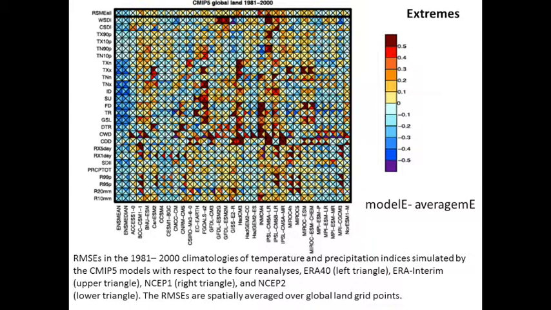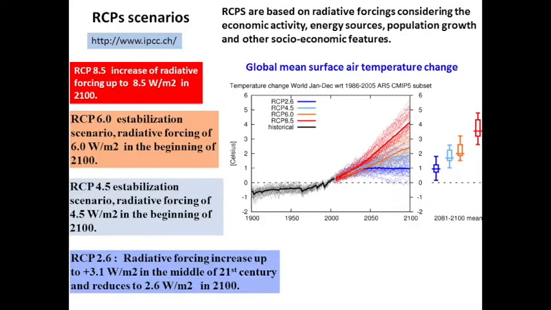And it depends on the index as well. Some indices are better represented than others. So this is one nice figure to analyze as well. Well, let's go to the projections.